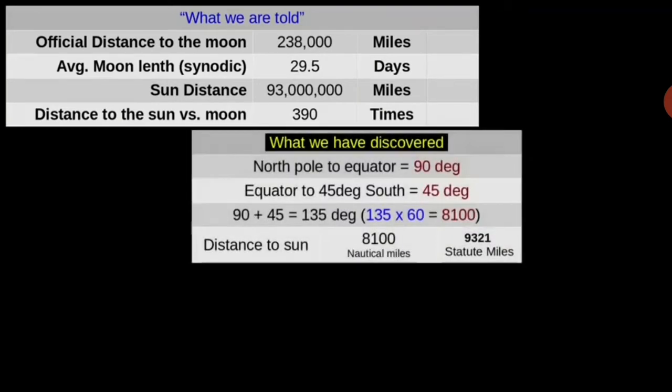So now we look at what we know so far, what we have discovered. We know from the North Pole to the equator is 90 degrees. We know from the equator to 45-degree south is another 45 degrees.